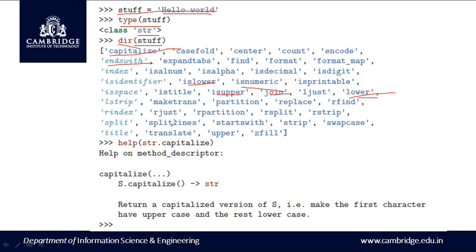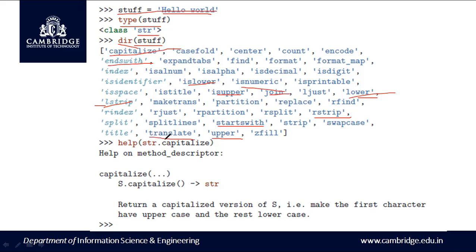Also we have lstrip and rstrip. lstrip strips off the white space in the leftmost part of the sentence. Similarly, rstrip will strip the white space at the rightmost part of the sentence. Similarly, startswith checks whether the line starts with a particular character, whatever you give. You can see the upper method here, which will convert lowercase characters to uppercase characters.